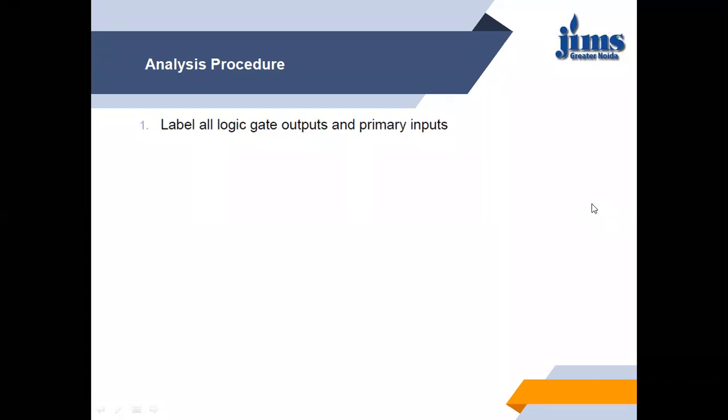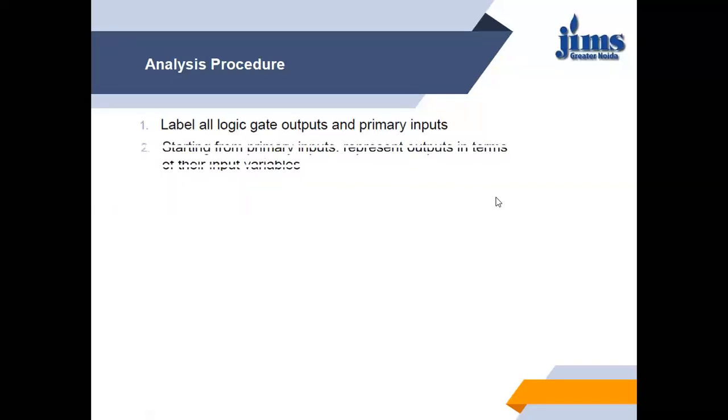Primary inputs are the basic inputs which are given externally. We'll discuss in detail what the primary inputs and outputs are. Next, starting from the primary inputs, represent outputs in terms of their input variables. We will have gates, so either an AND operation, an OR operation, or a NOT operation. These are the basic operations, and we have to label all of them.